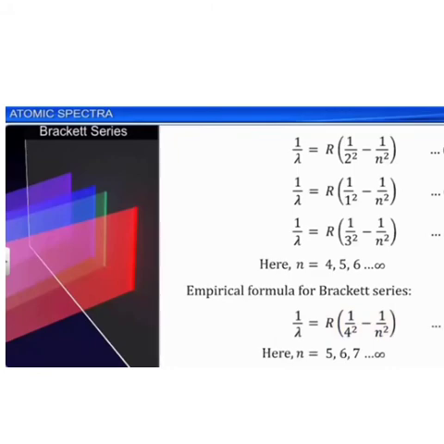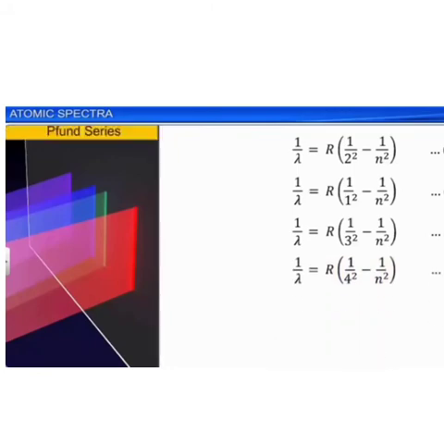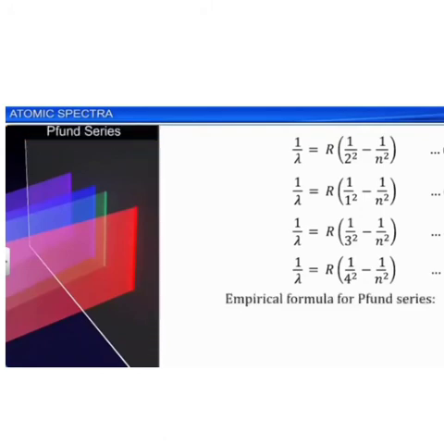The Pfund series has spectral lines which lie in the infrared region. The formula for the Pfund series is 1/lambda = R (1/5² − 1/n²). Here, n is equal to 6, 7, 8, and so on, up to infinity. Let this be equation 5.